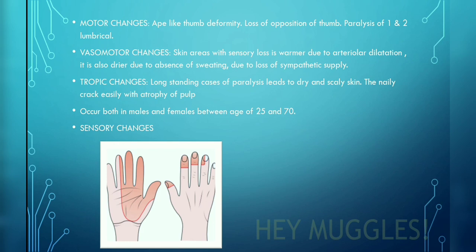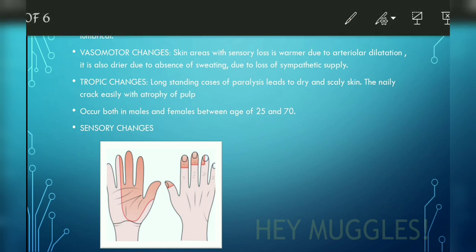If the median nerve is injured, then obviously there would be sensory loss over the skin supplied by the median nerve, that is the lateral 3.5 digits, including their nail beds. Here you can see that over the thenar eminence, this area, there is no sensory loss.